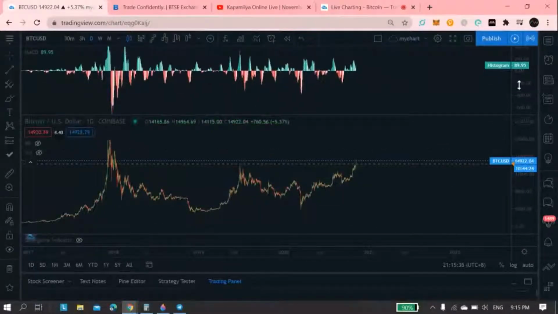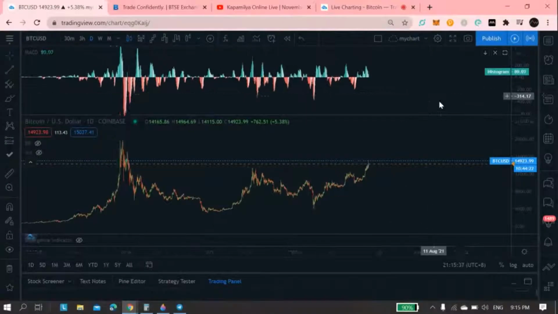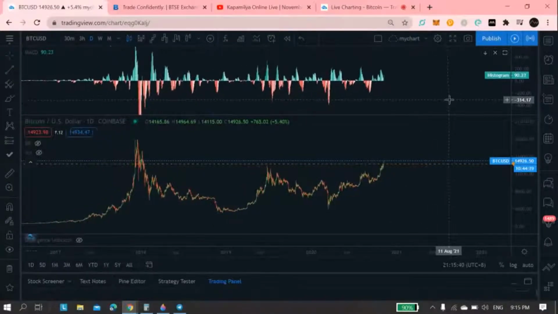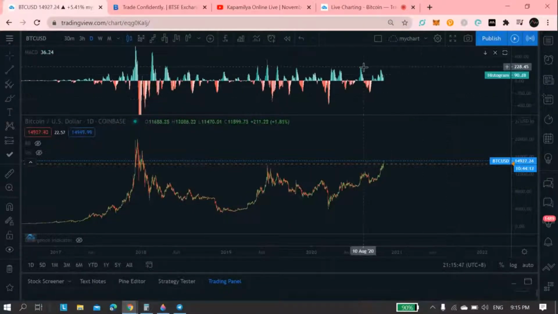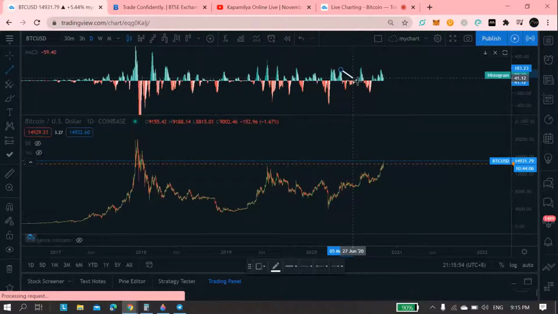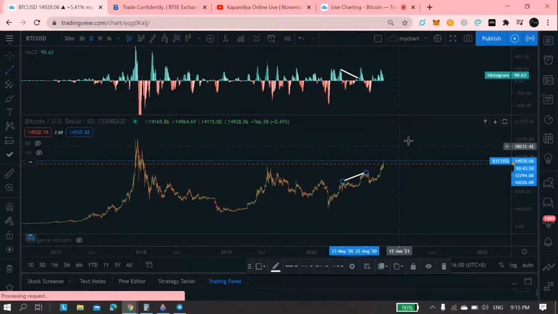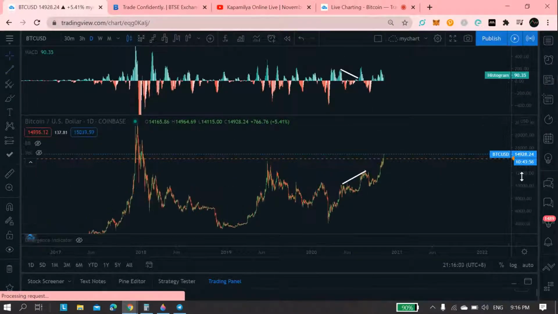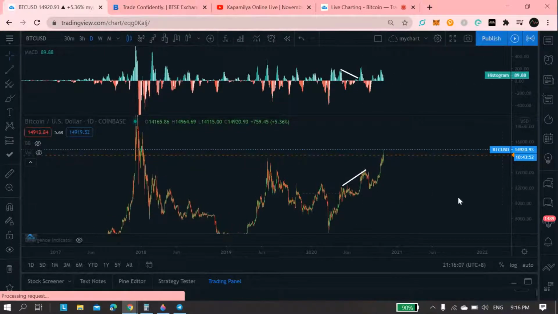So we will look for the big to small here using the histogram. So here, big, and here, this is a big to small, and it's going up. So this is a possible bearish or short order.